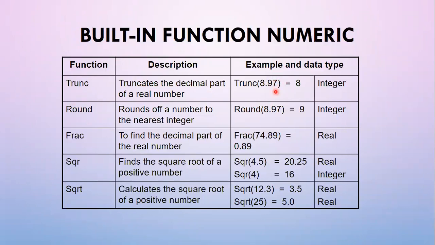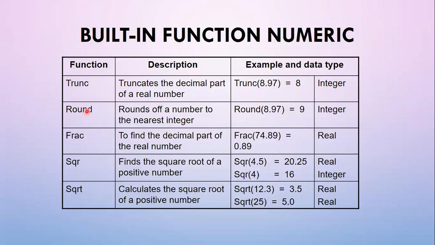Anything after the decimal, it chops off. It exists, but it's not going to display it. So if I say Trunc 8.97, all that will display is my 8. And Trunc is always integer. So it's very important for these built-in functions that you know what data type it is.